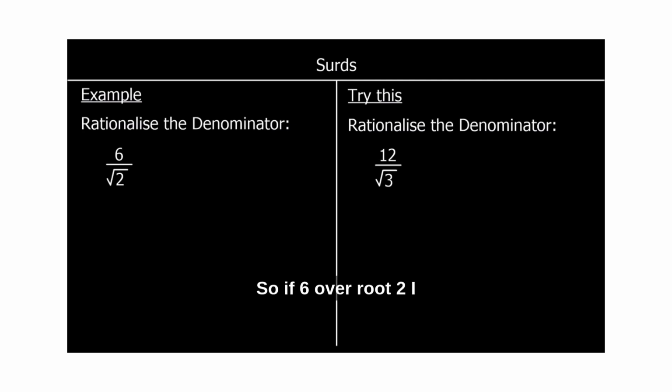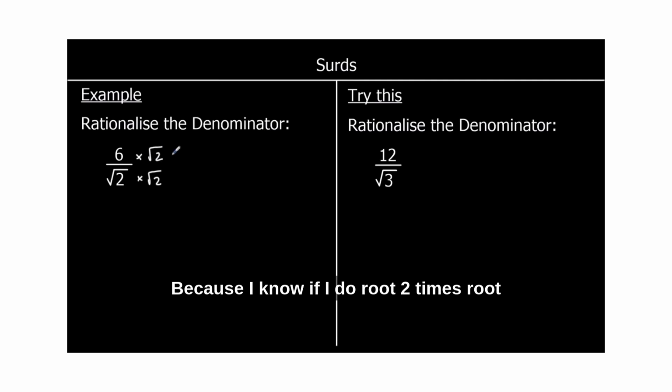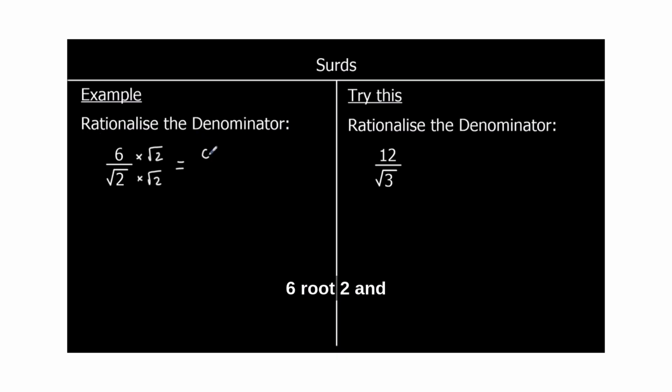So with 6 over root 2, I can multiply top and bottom by root 2. Because I know if I do root 2 times root 2, I'm going to get a rational number, which will be 2. So let's do this multiplication. 6 times root 2 is 6 root 2.